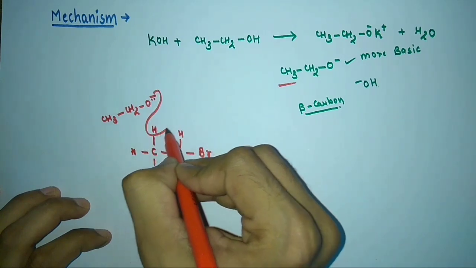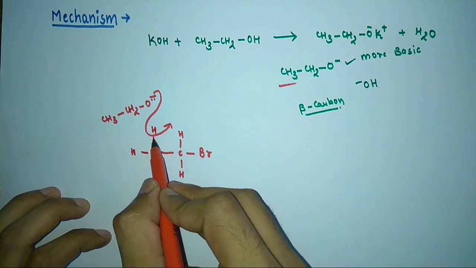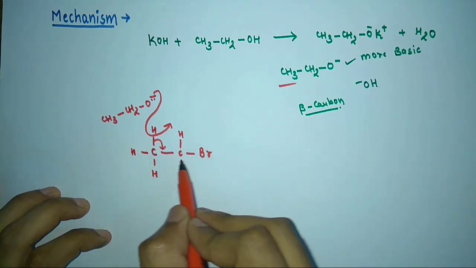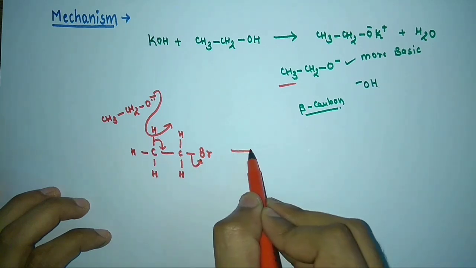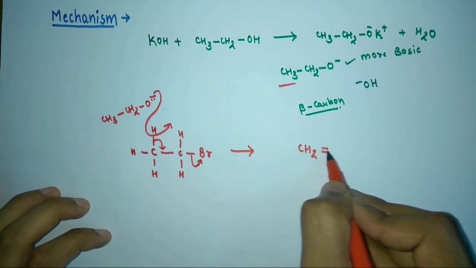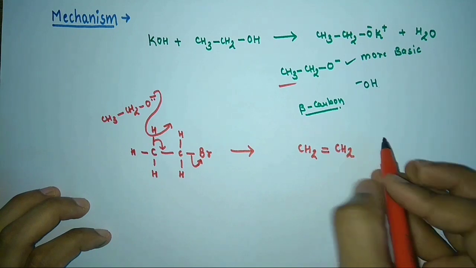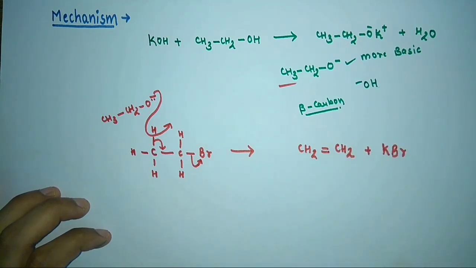Okay, this will abstract a proton from the beta carbon, and what will happen, this bond comes here, and for satisfying the valency this halogen leaves. Okay, so it will become CH2 double bond CH2 plus KBr, and alkene is formed as a product, and H2O is also released as a byproduct.